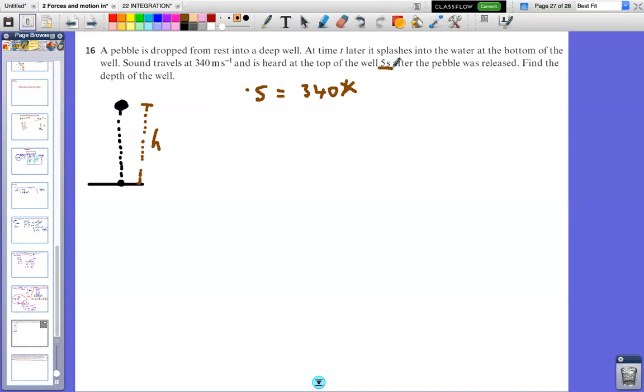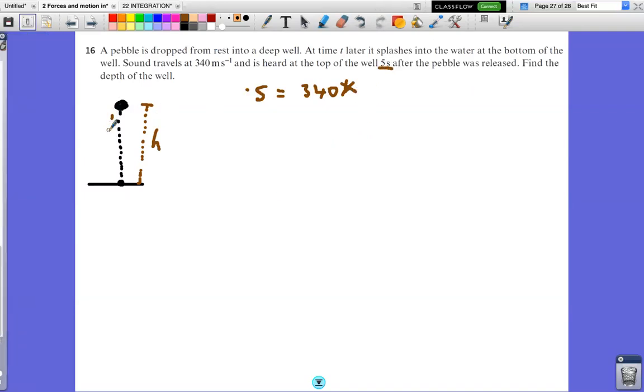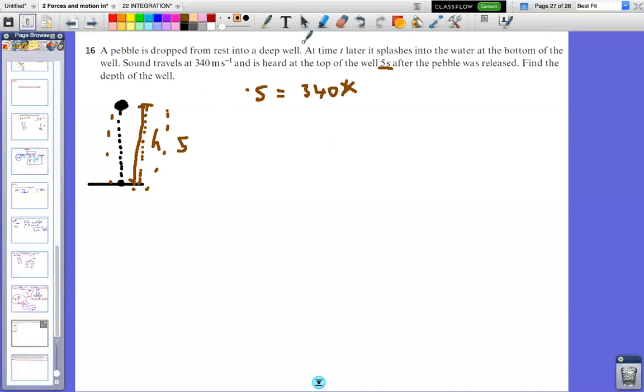So the total time from here to here is 5, right? If we call this time, say, no, we should not use time. We should use H in that case, since it is H we are looking for.